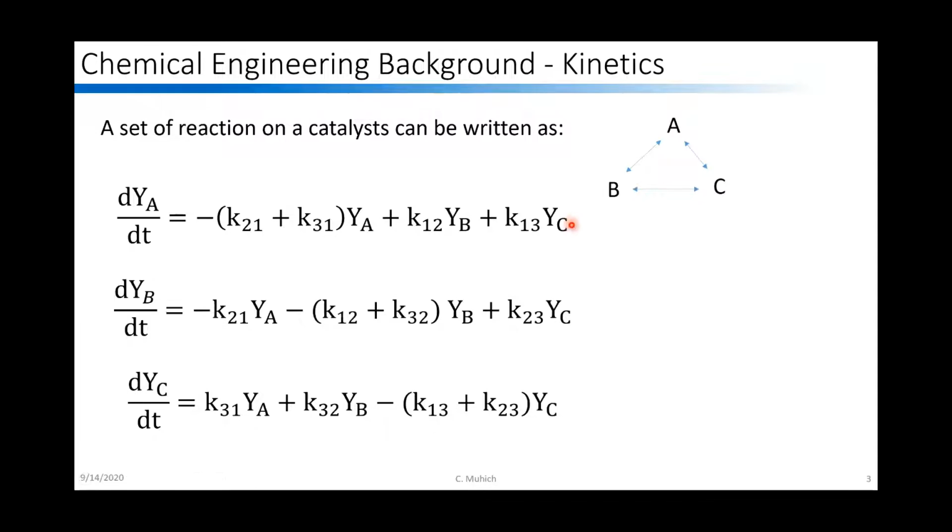So these three equations are what I need to tell me how my system is changing with time. I need each of these, and I need to look at them all at the same time.